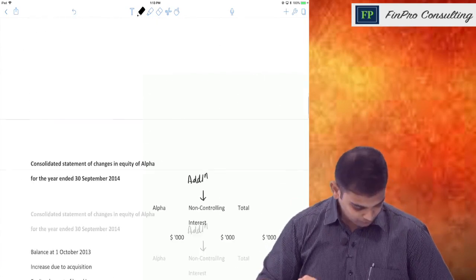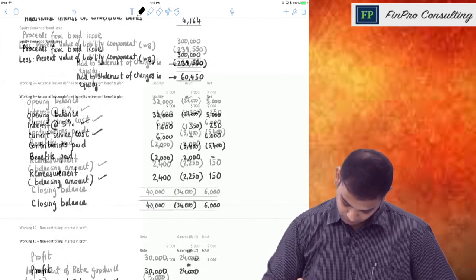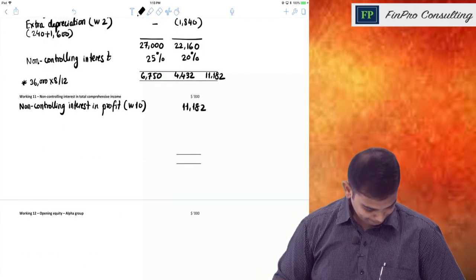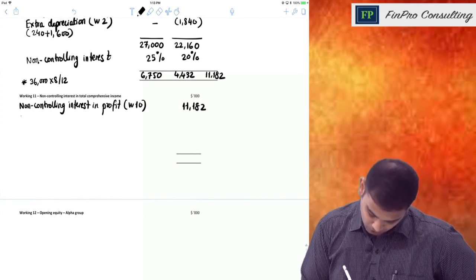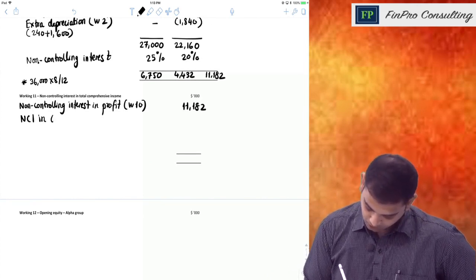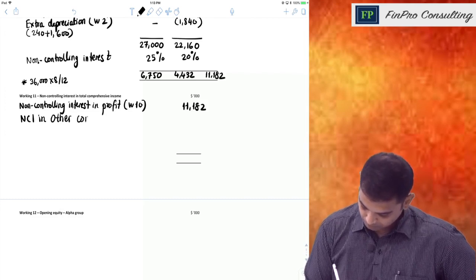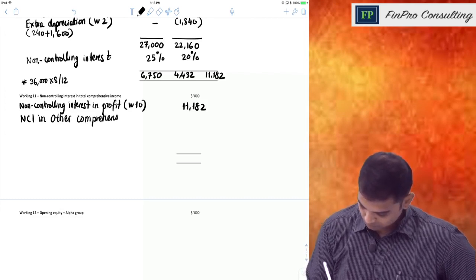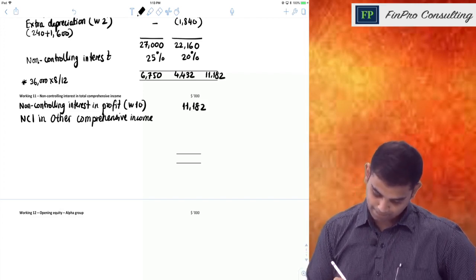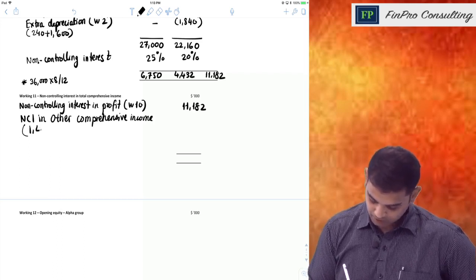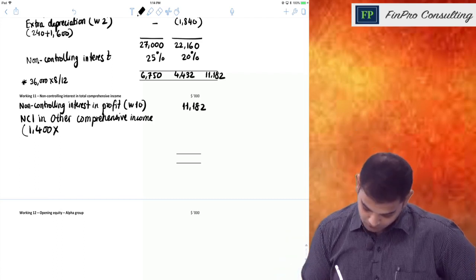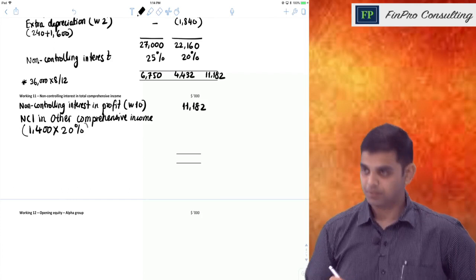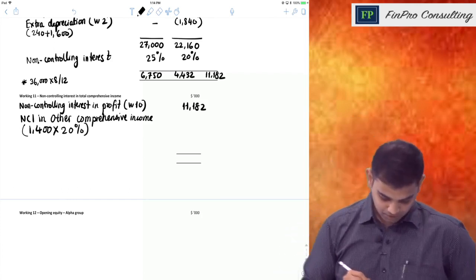So go back to the working note. Right? So non-controlling interest in other comprehensive income will be 1,400 into gamma's share. How much is it? 20%, right? So 1,400 into 20%, gamma's share. So it is 280.